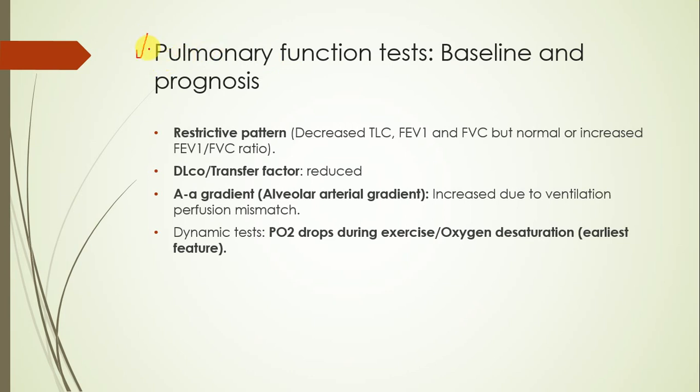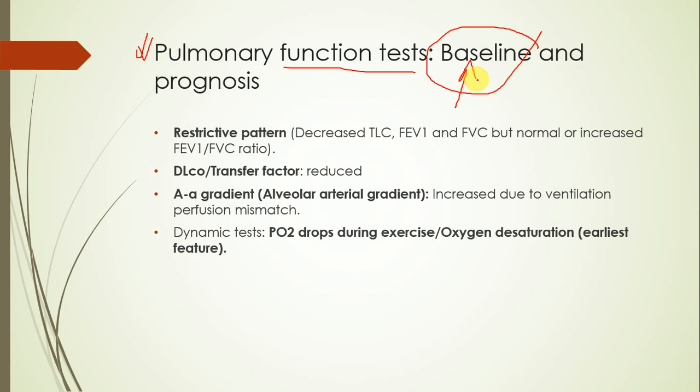An important test for any patient having a restrictive lung disease or interstitial lung disease would be pulmonary function test. Why? Because we want to know the functional status of the patient, so we'll be calling it the baseline, and we want to track the progress of the disease. Why?